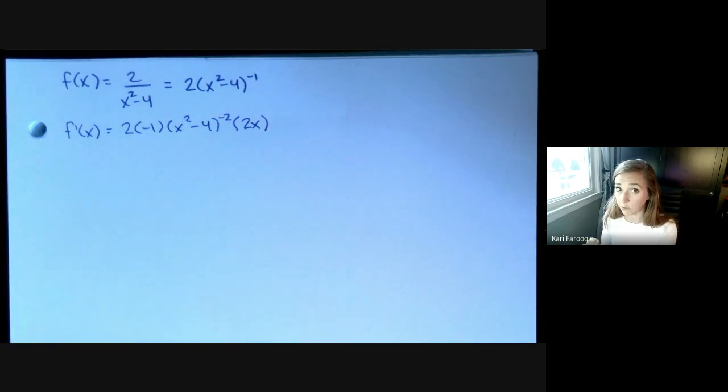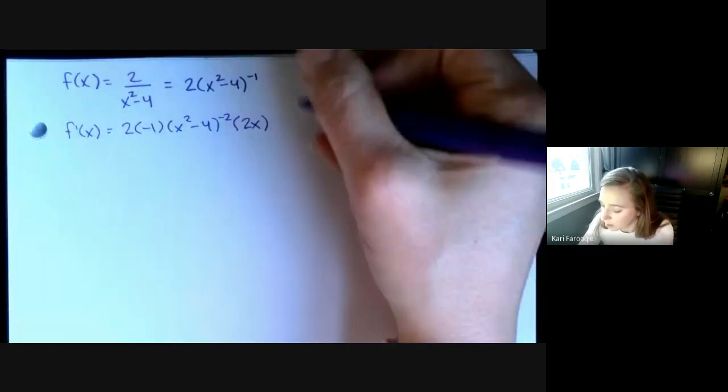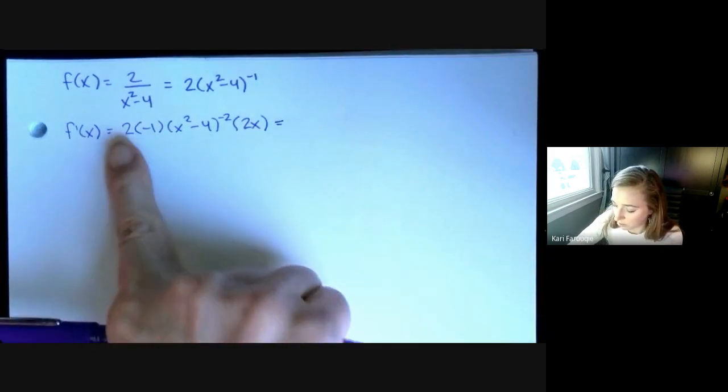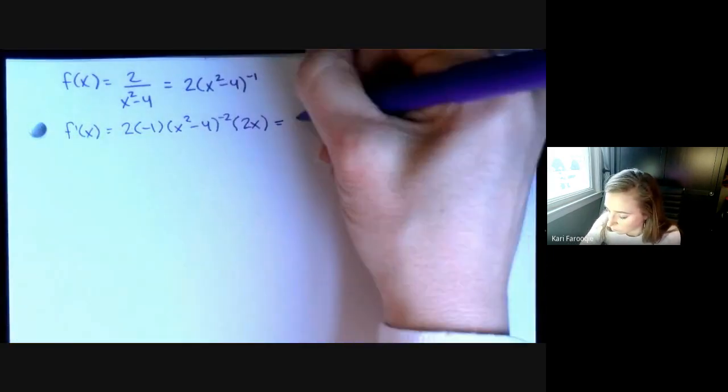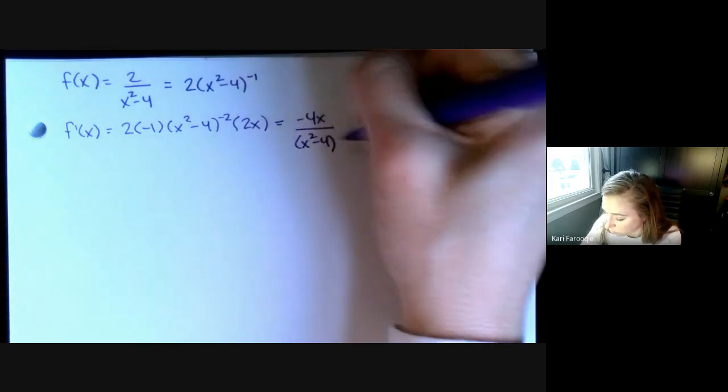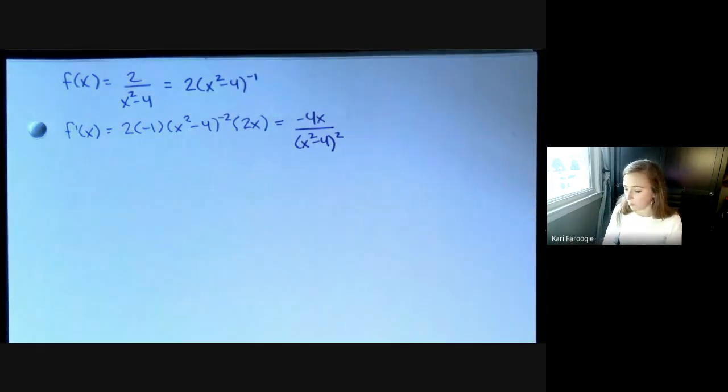All right, now I'm going to rewrite this because remember, when I'm looking for critical numbers that come out of the first derivative, I like to have the first derivative written as a quotient so that I can look at the numerator and denominator separately. So if I'm going to rewrite this as a quotient, I'm going to multiply here and get negative 2 times 2x, which is negative 4x. And then we'll divide by the quantity x squared minus 4 to the second power.